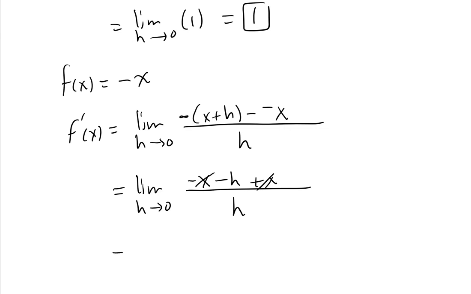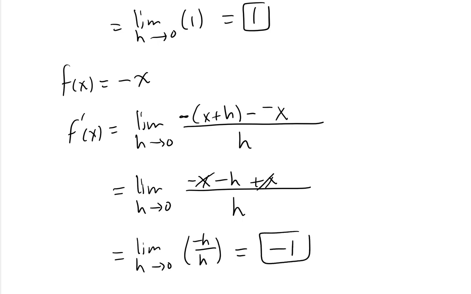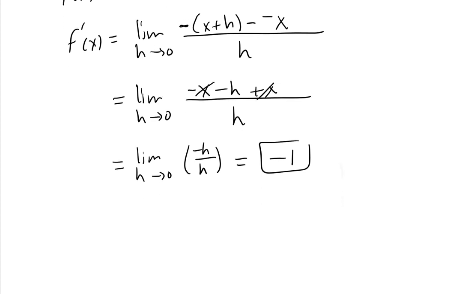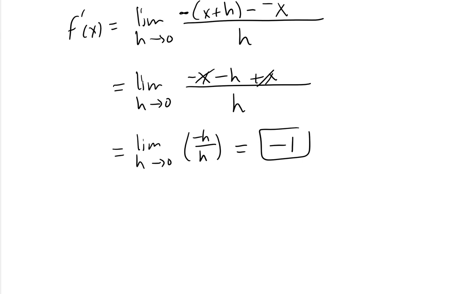These cancel out. Limit as h goes to 0 of negative h over h. That's a negative 1. Notice these two derivatives are not the same. 1 and negative 1 are not the same. So when we found the derivative for x and for negative x, they are not the same.